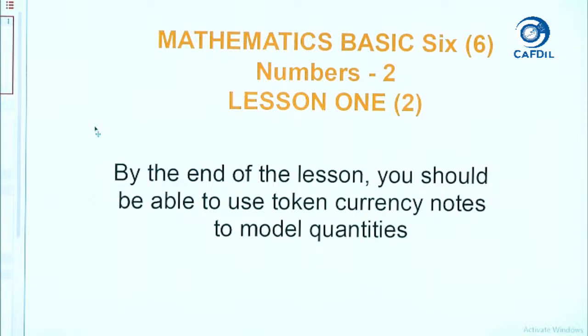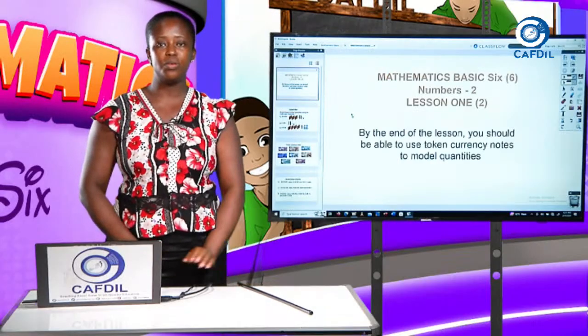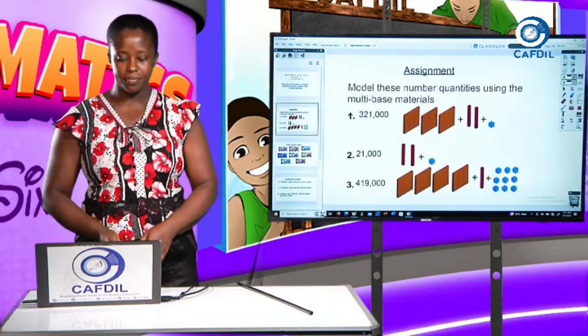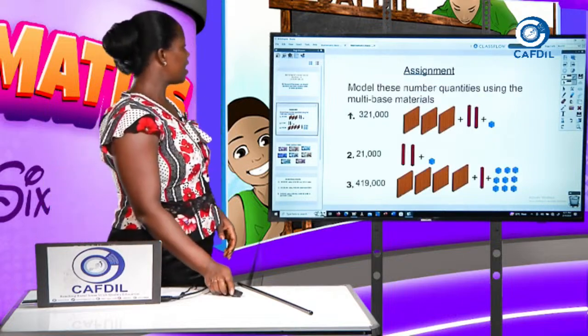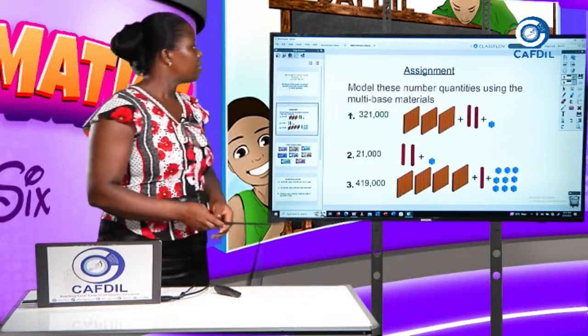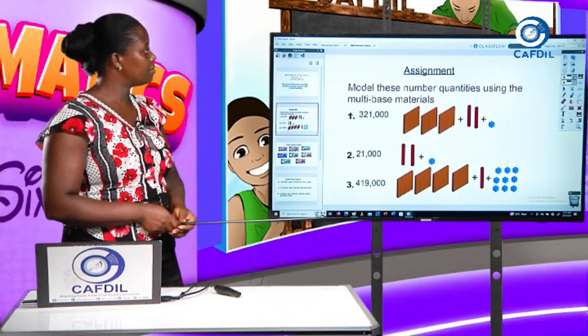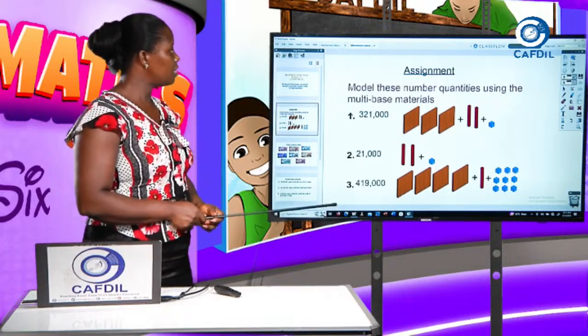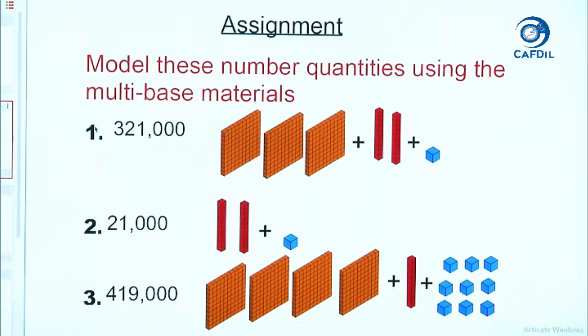Before we begin today's lesson, let's go through the previous homework. Yes, I have the assignment here. You were asked to model number quantities using multi-base material. I gave you 3 questions.